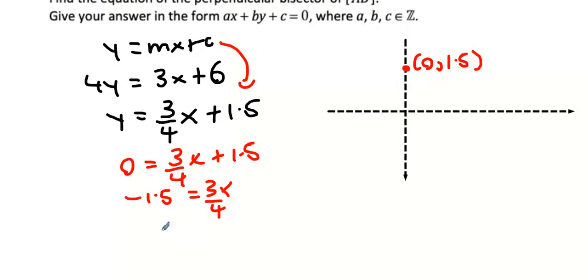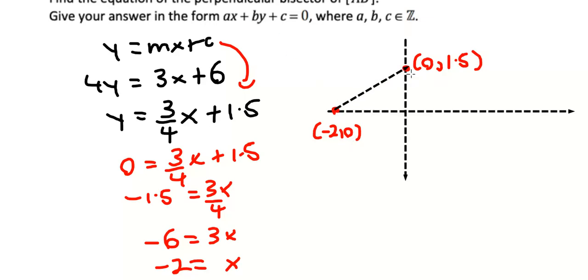I'm going to multiply by 4 to get minus 6, and then I'm going to divide it by 3, and what's going to happen there? Minus 2. Is that right? So that'll be minus 2, 0.